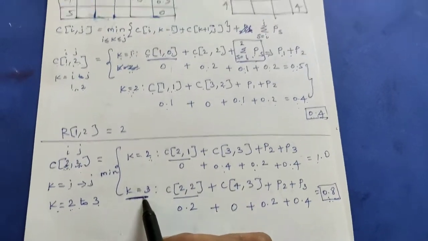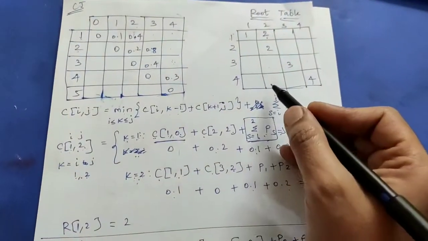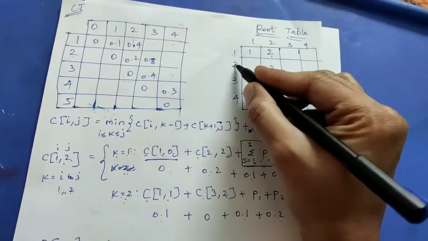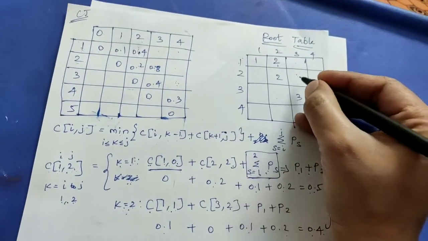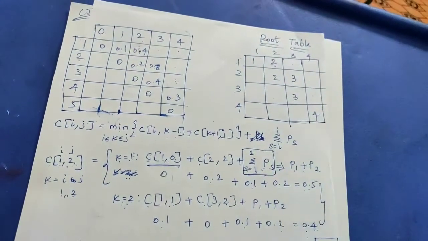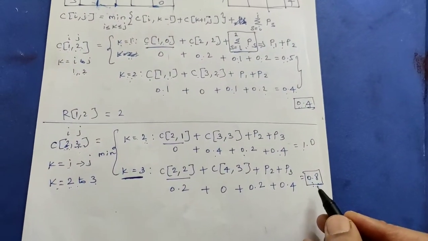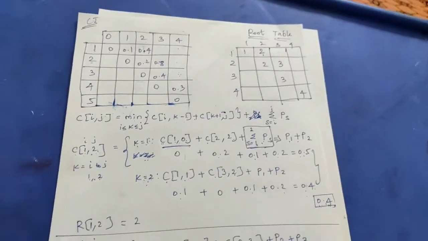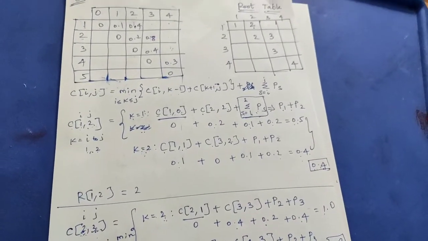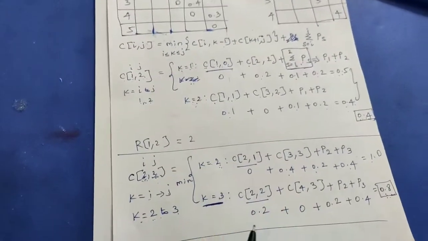That is k value is 3. So go to your root table. In the same location 2 comma 3, fill the k value as 3. That gave you the minimum value as 0.8. Now next, similarly you need to find the remaining locations using the same formula.